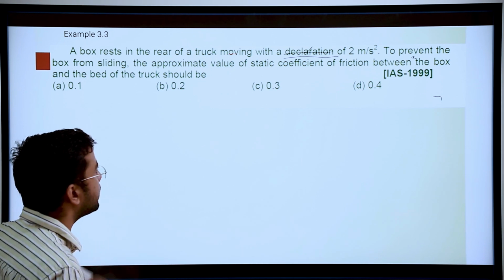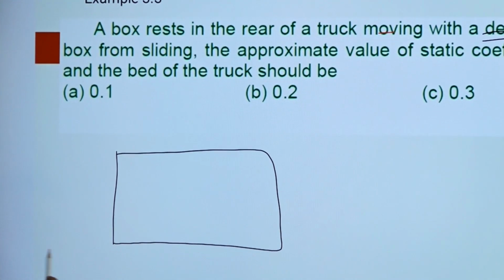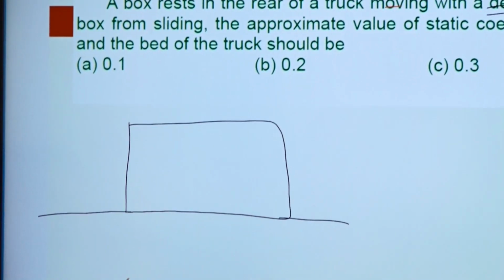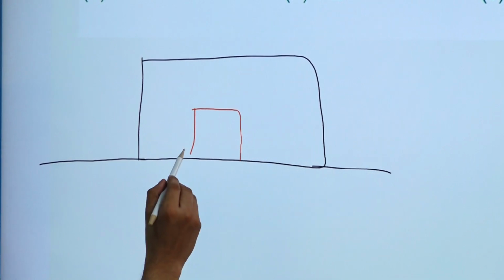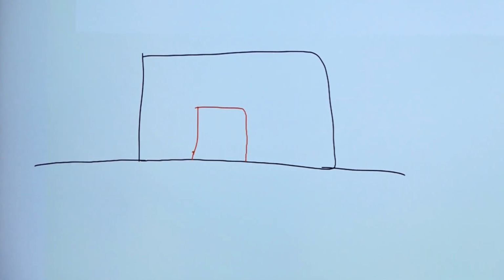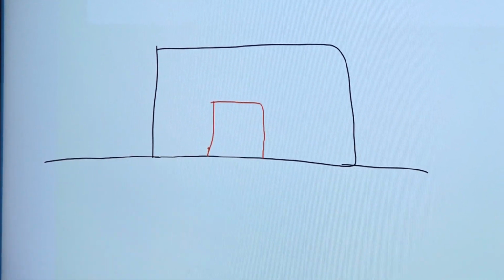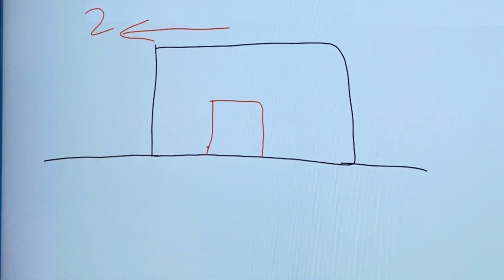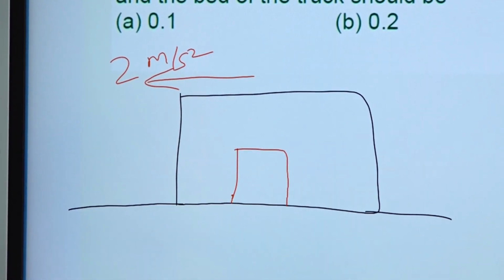So let us first make the diagram, then only we will understand. Suppose this is a truck. In this truck we have this box, right? And what is happening? This truck is decelerating. It is not accelerating, it is decelerating, right? So the acceleration will be in reverse direction, 2 meter per second square.